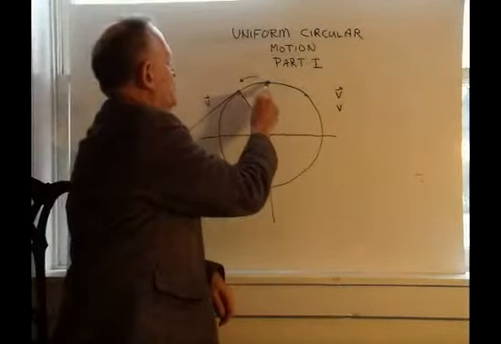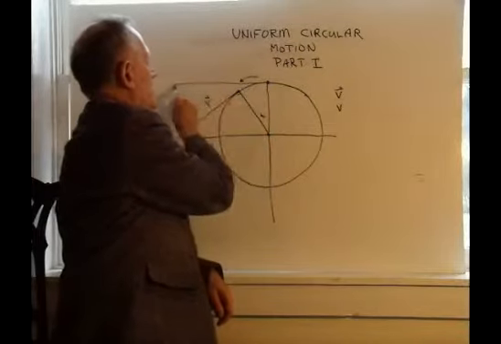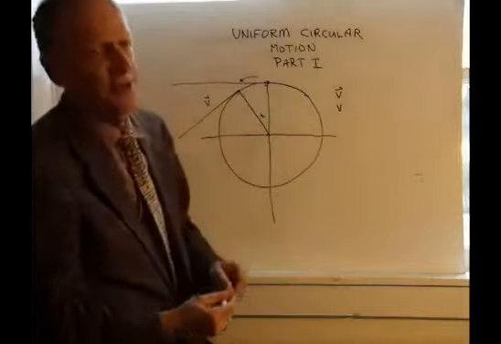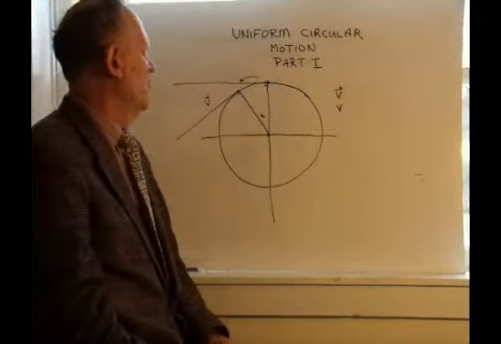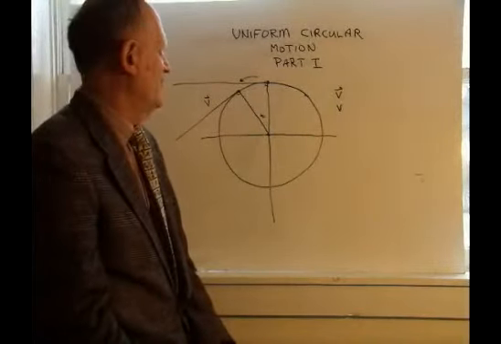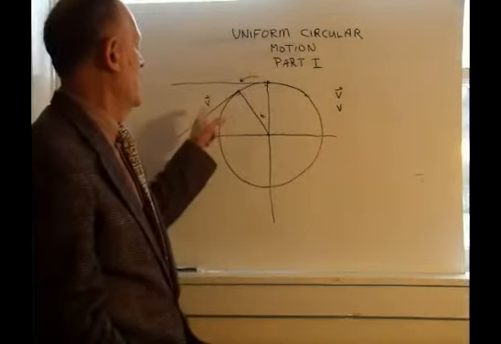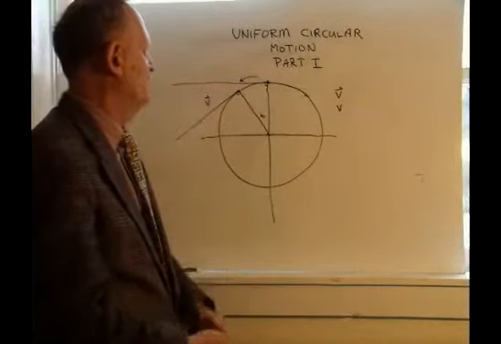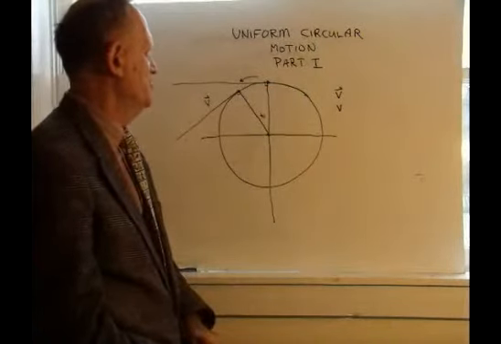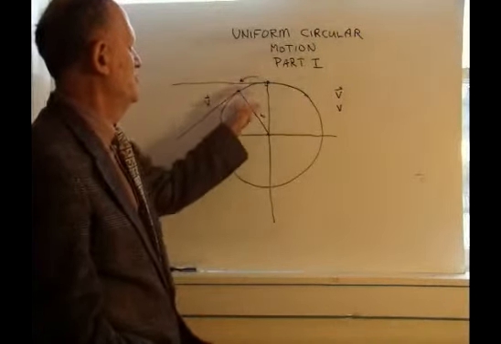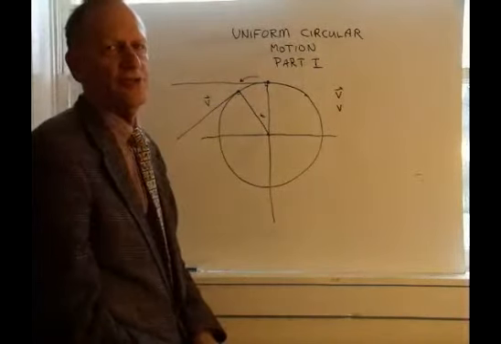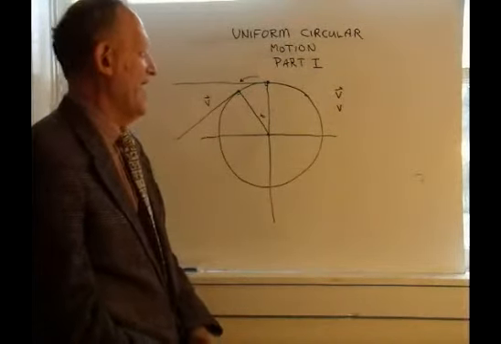For instance, at this point, the tangent line would go like that, and it's perpendicular to the radius. So we want to establish that the direction of the velocity at any point, at any time, is the tangent line going through the point at which our body is.